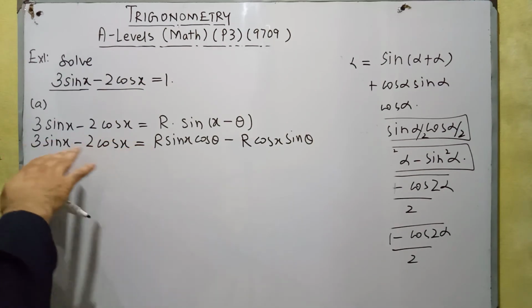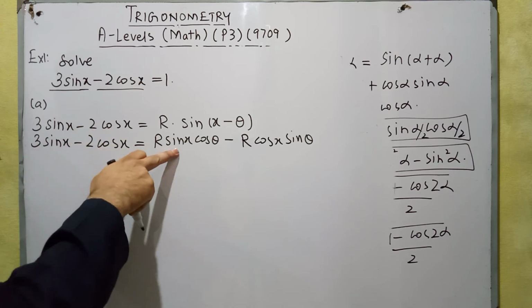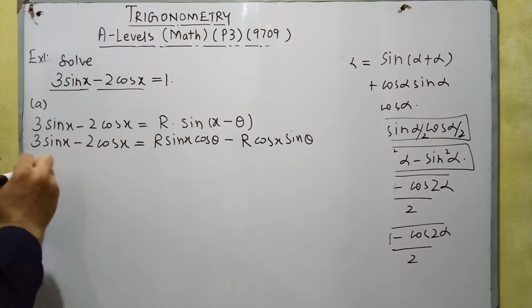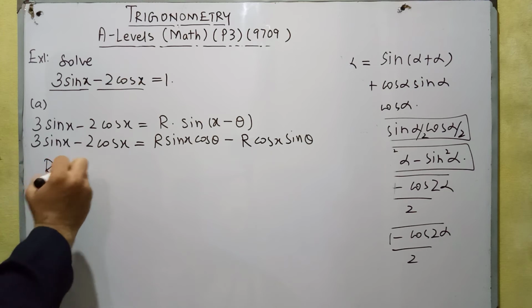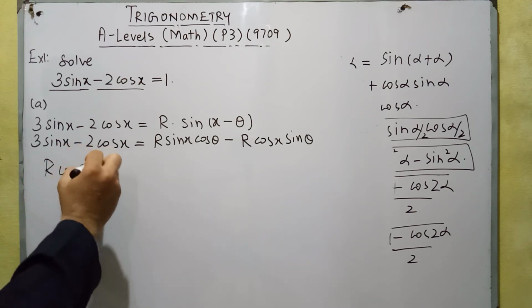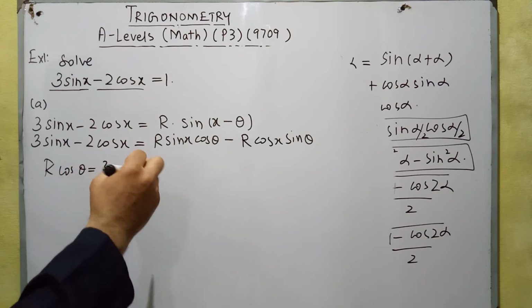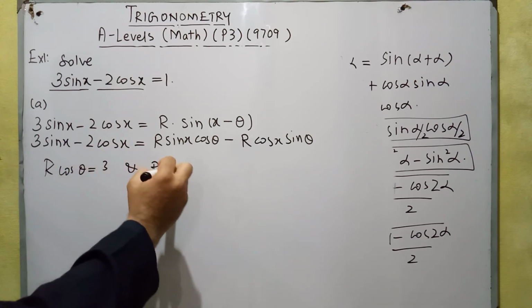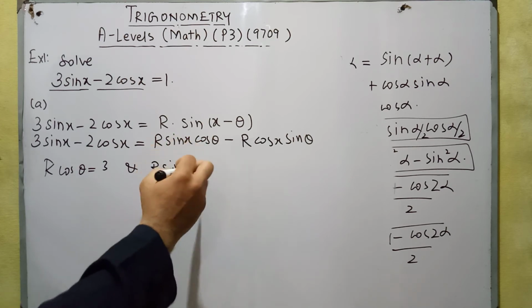So if we compare this with this, we will have r cos theta equal to 3 and r sine theta equal to 2.